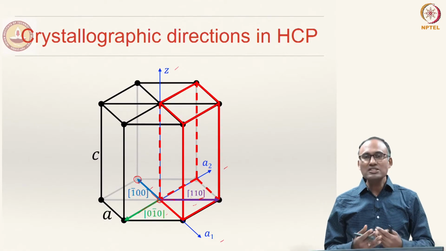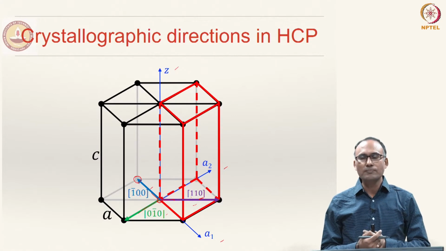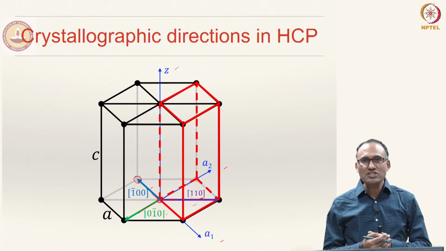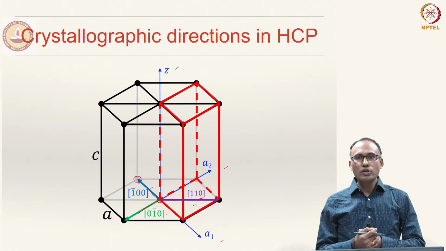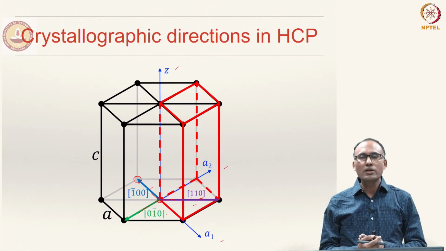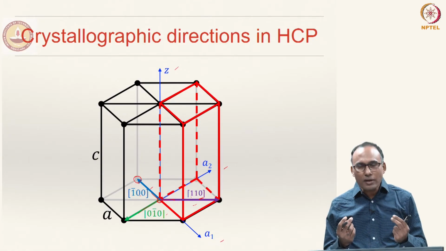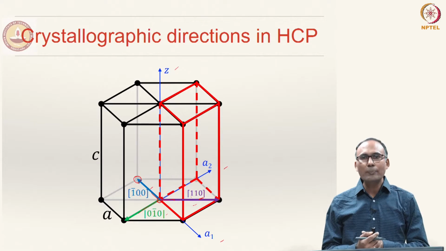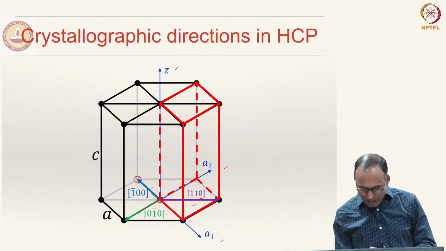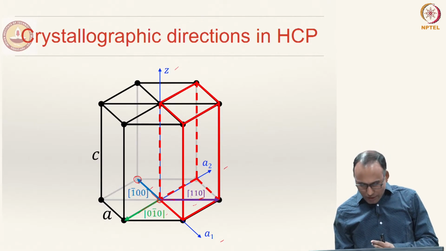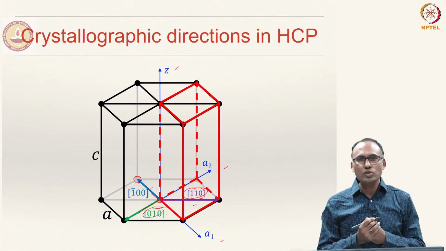So, if you have this representation for crystallographic directions in hexagonal systems, you will not be able to use the permutation of the same set of indices for representing equivalent directions, because you cannot say that these two are equivalent directions by looking at them, unless you actually draw and show that.